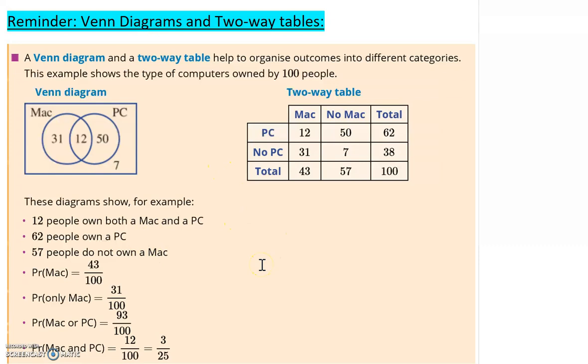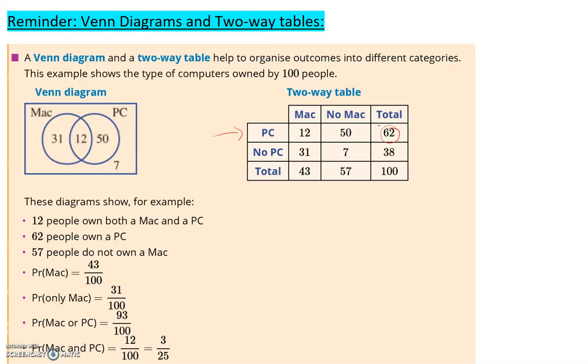So the way to read that is, if I ask you how many people own PCs, you go to PCs and go right across, and you see there's 62 people who own PCs.